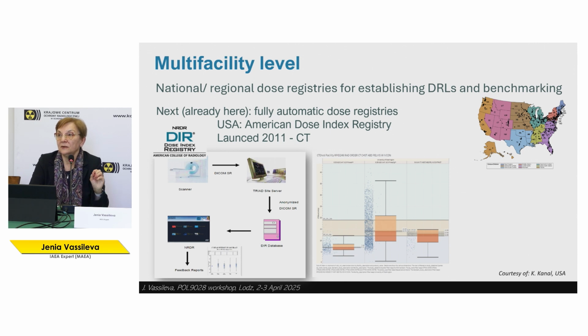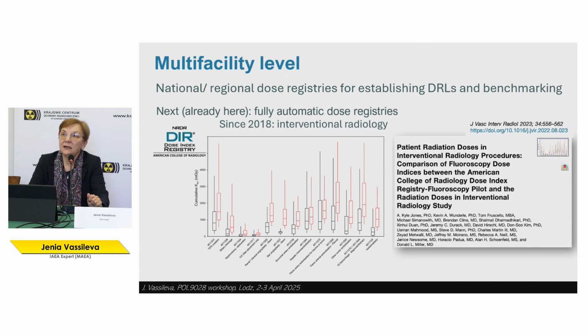You can see where your hospital is compared to your peers, to other hospitals, of course, without seeing other individual data. And in 2018, they introduced a module for interventional radiology, and based on the analysis in 23, they published the first national diagnostic reference levels on interventional radiology procedures.